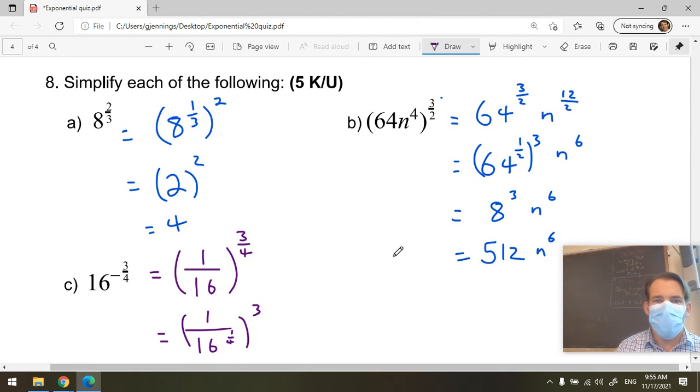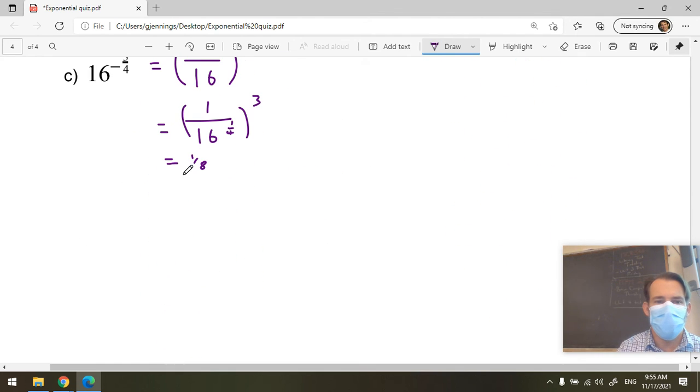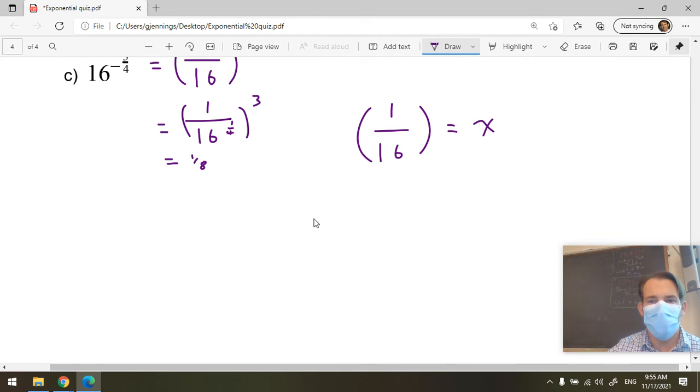So now you can go through and find the marks for your friend. Wait, what was the answer for the last one? Oh, 1/8. 1 over 16 to the 1/4 is like saying I have the number 1 over 16, and it was the product of x to the 4.